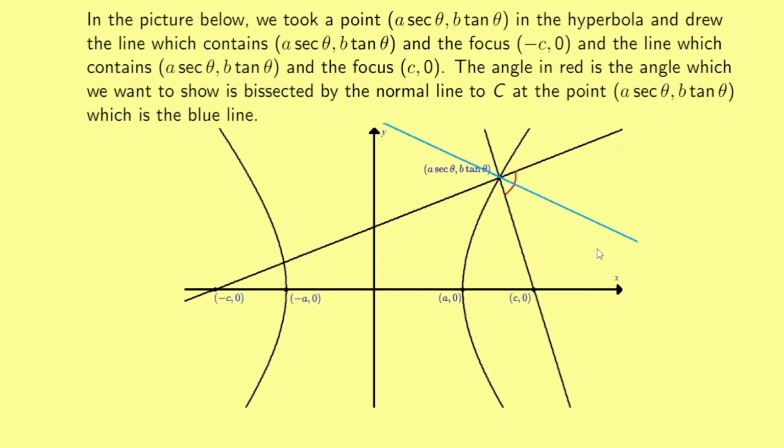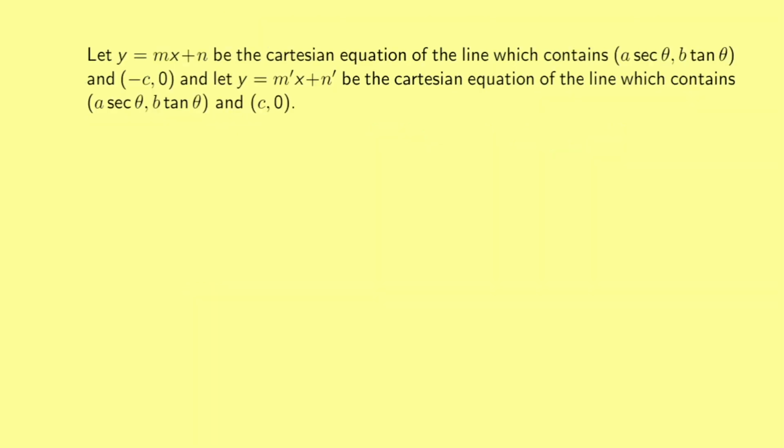So first I'm going to calculate the slope of this line here, the line connecting the focus minus c, 0 and the point a secant theta, b tangent theta, and I'm going to find the slope of the line which intersects the focus c, 0 and the point a secant theta, b tangent theta. Okay, so let's do it.